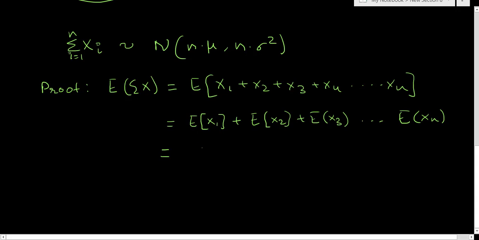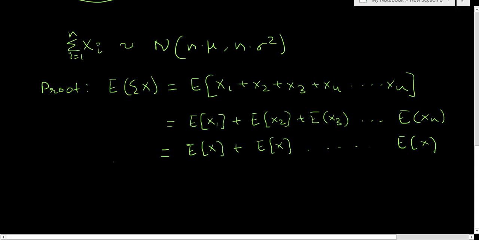In the next expression, I know all these random variables have the same distribution. So I can write all of them as the expectation of x, because I would expect them to be the same regardless of which x it is, because they are all identically distributed, so they have similar expectations.